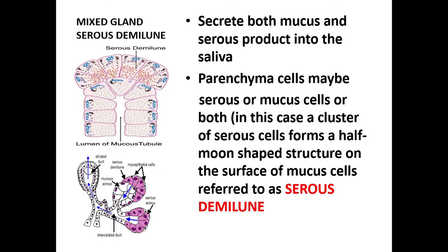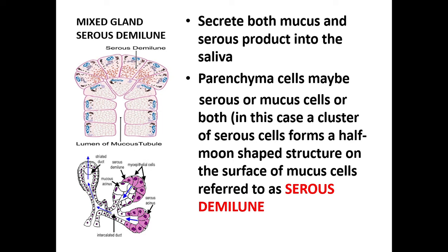We have the mixed gland. It is also referred to as serous demilune. It secretes both mucus and watery products into the saliva.